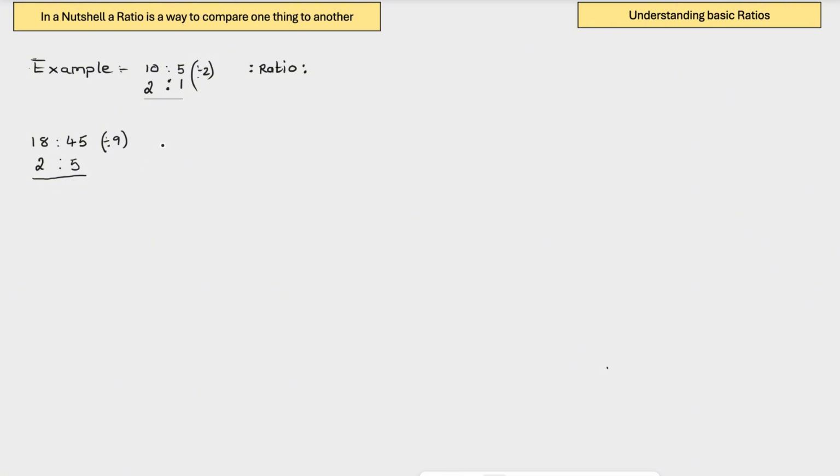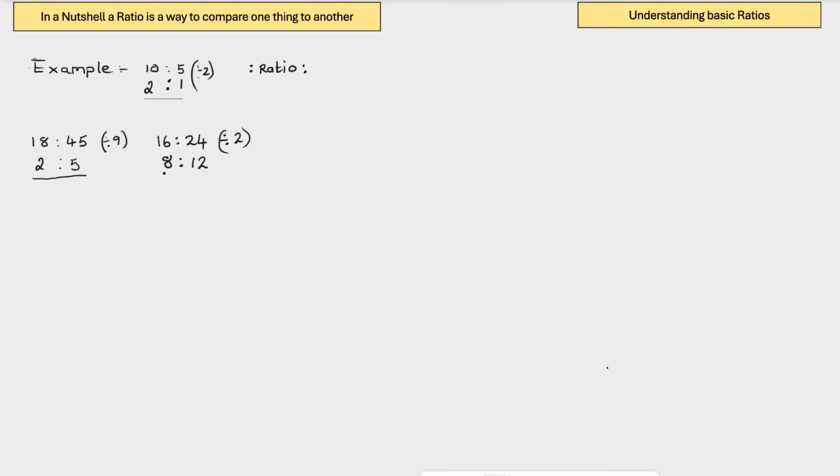Let's try another one. 16 to the ratio of 24. Now, we could do it the long way or the short way, but we'll do the long way for people that have never seen these before. We're going to divide by 2 first because we know that 2 goes into 16 eight times, and 2 goes into 24 12 times.